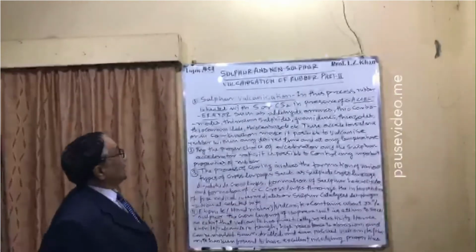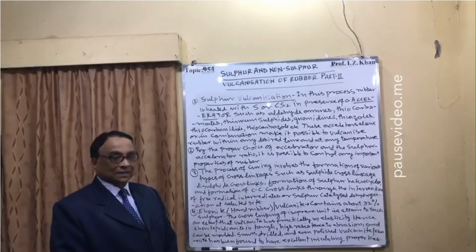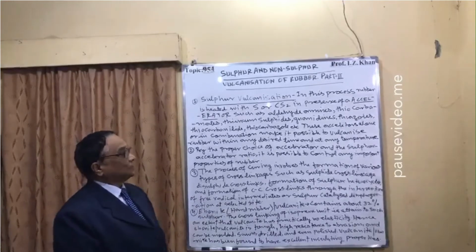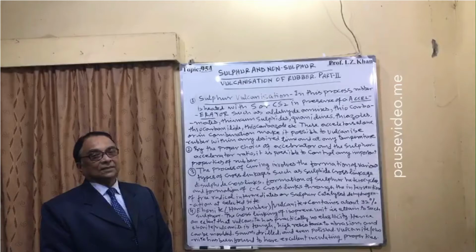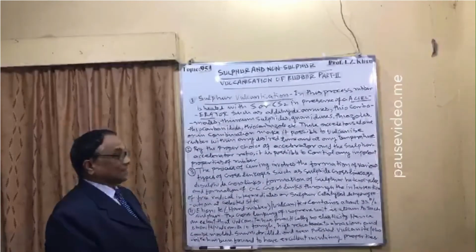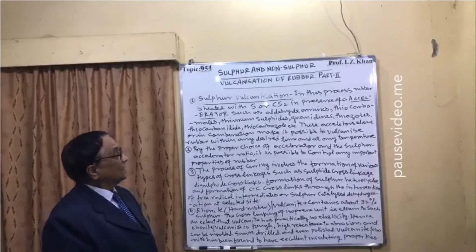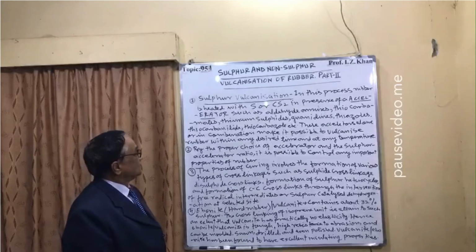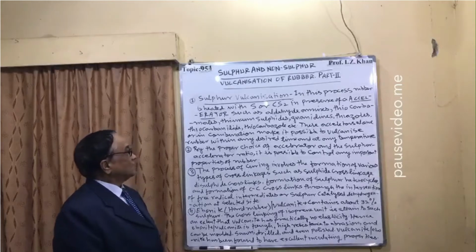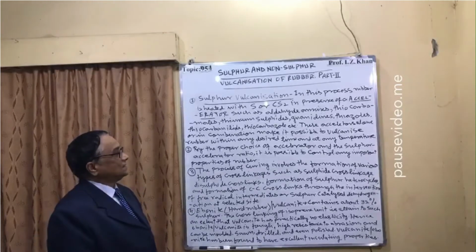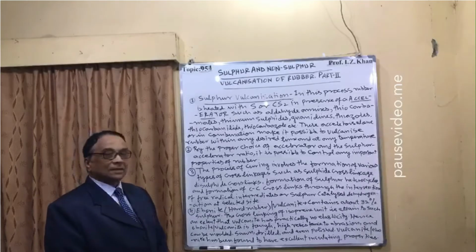So here, number one, sulfur vulcanization. First I am discussing the sulfur vulcanization. In this process the rubber is heated with sulfur or carbon sulphide, that is CS2, in presence of accelerators such as aldehyde, thiocarbamates and thiuram sulphides, and then guanidines, thiazoles, thiocarbonylate and thiocarbazole.